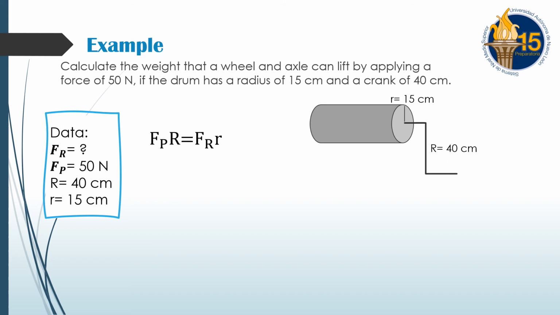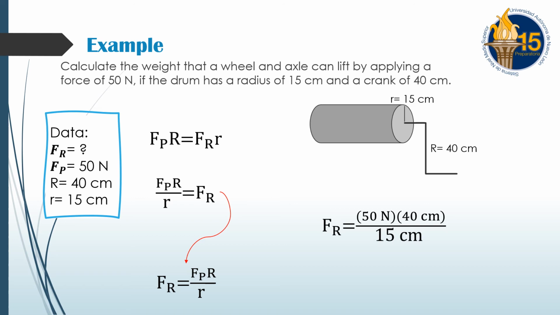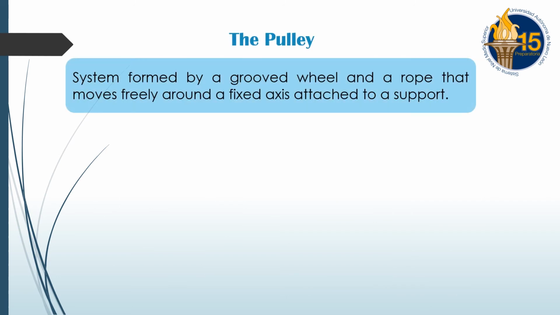In this case, we need to clear the load force, so load force is equal to effort force times the length of the crank over the radius of the drum. When substituting the data, we have 50 Newton times 40 centimeters over 15 centimeters, resulting in 133.33 Newton.